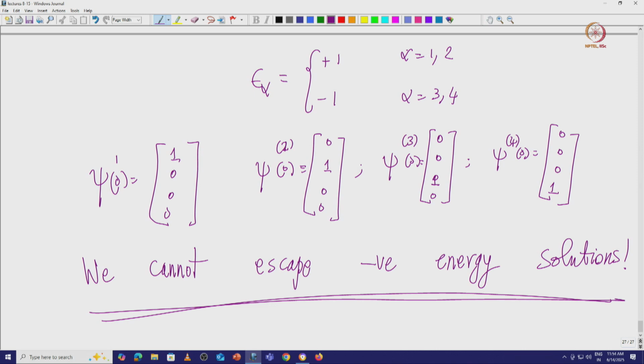The entire construct of the Dirac equation was trying to say that maybe if you do not take the square of the energy operator, but take the linearity of the energy operator, you will end up having only the positive energy states.